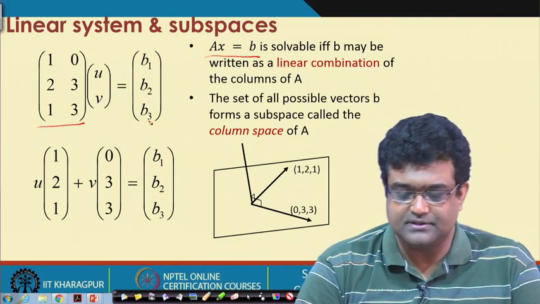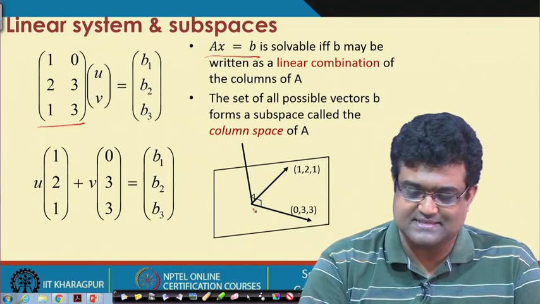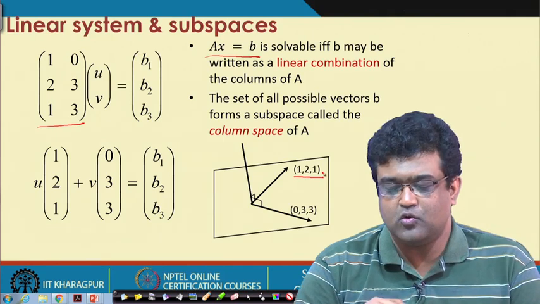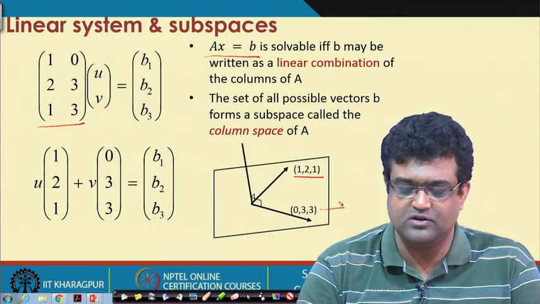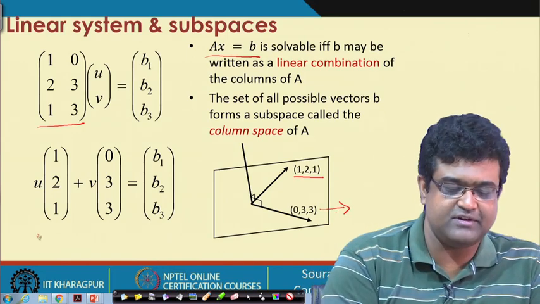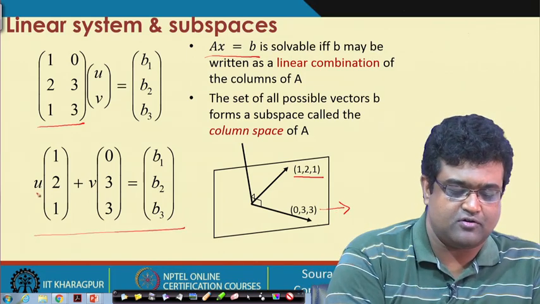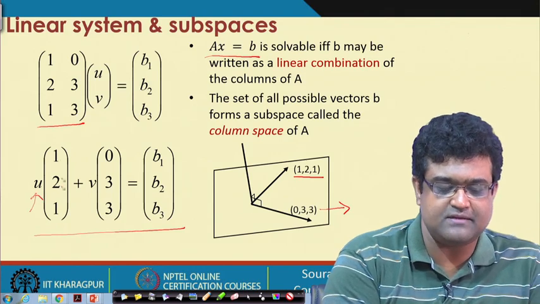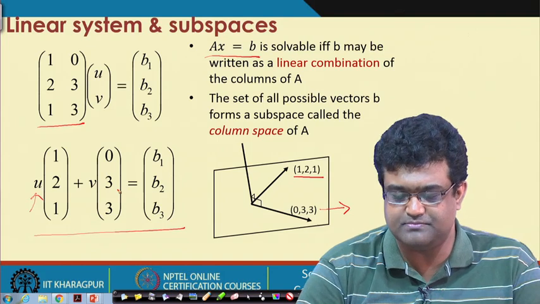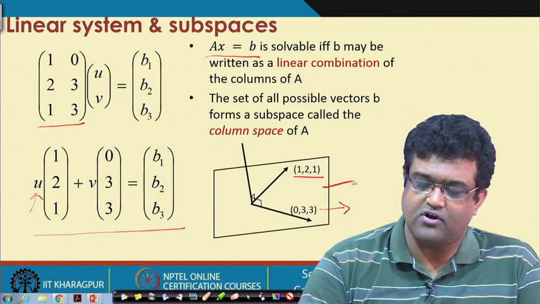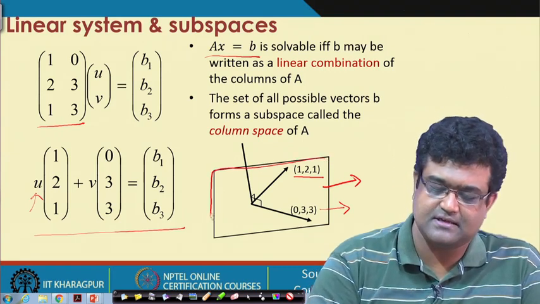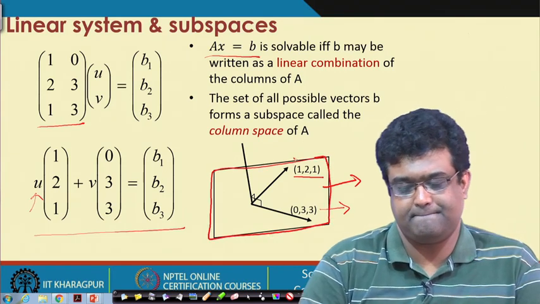So, for example, in this case the columns of the A matrix are 1 2 1 and 0 3 3. So, only those vectors which can be written in this form, u times 1 2 1 plus v times 0 3 3 equals b, form the subspace given by this hyperplane.